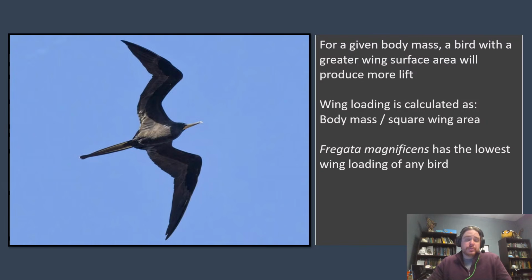Now, for the frigate bird in particular, it's beneficial because they eat fish and squid and crustaceans and things, and sometimes their food items can be fairly heavy. Because they have this low wing loading by default, they're able to carry more weight.